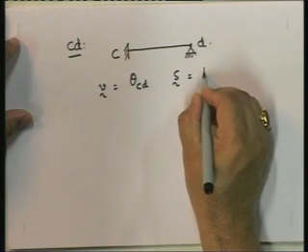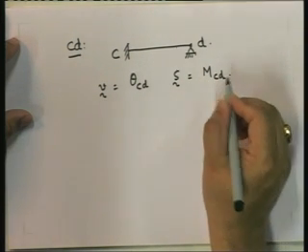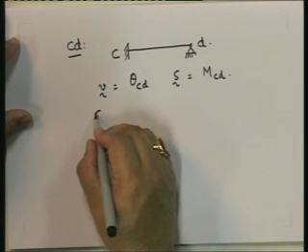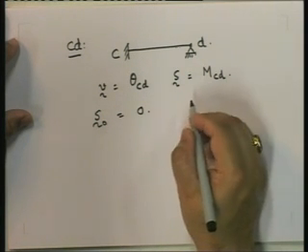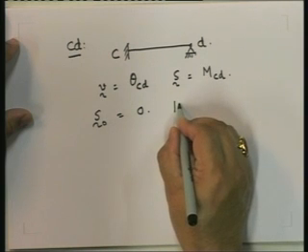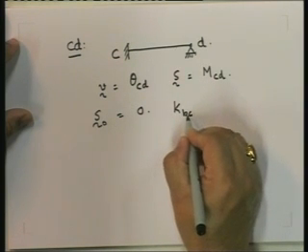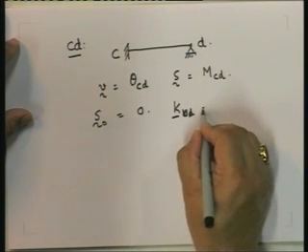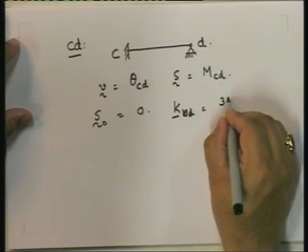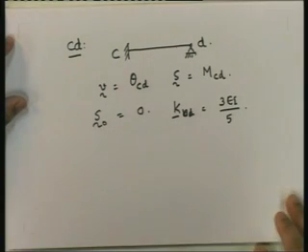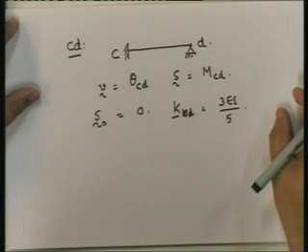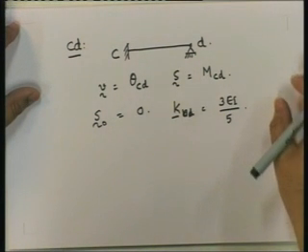S is equal to MCD. S0 is equal to 0, there is no load, and KCD is equal to 3EI by length, which is 5. Okay, so I have found out for each of the members.